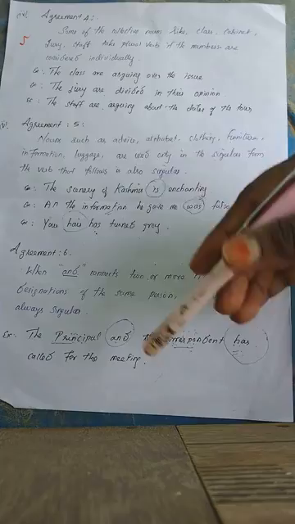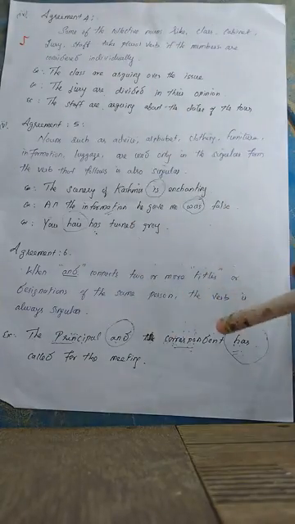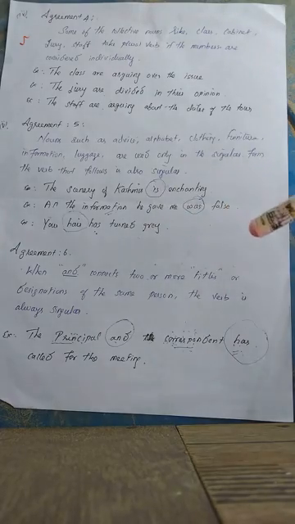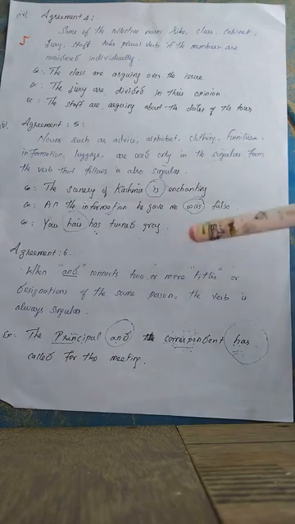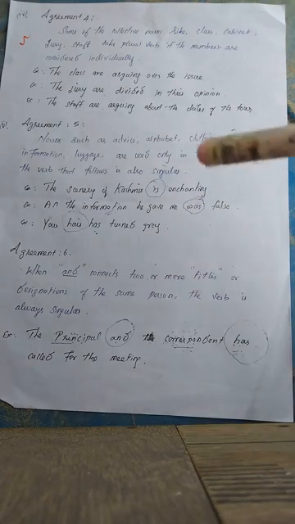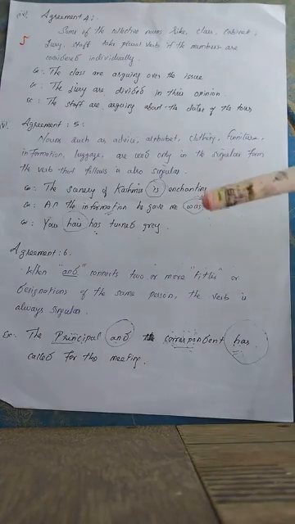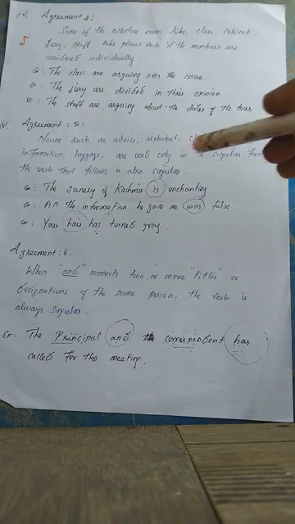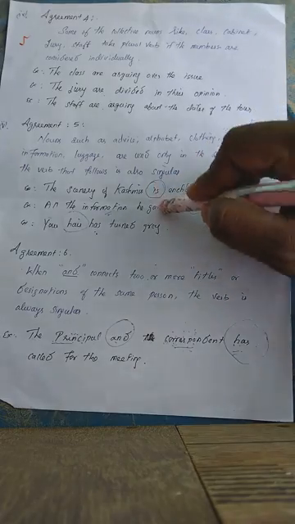So let me recall all of this. Agreement 6: when two positions or designations are held by one person, how will you identify? By looking at the definite article "the" for only one designation, then you have to go for the singular verb. And what is agreement 5? It is nouns such as furniture, luggage, baggage. If these are considered, then you have to go for the singular verb.